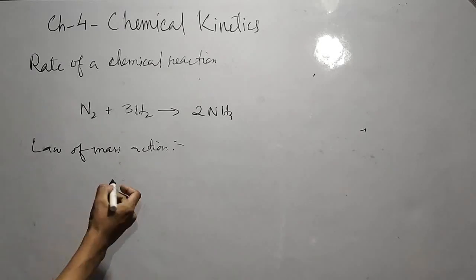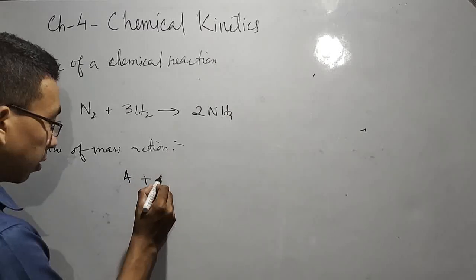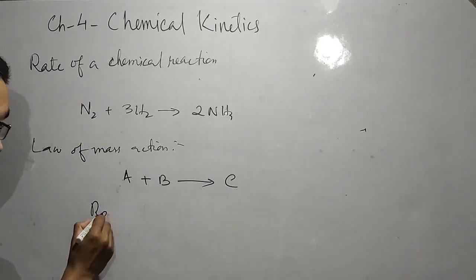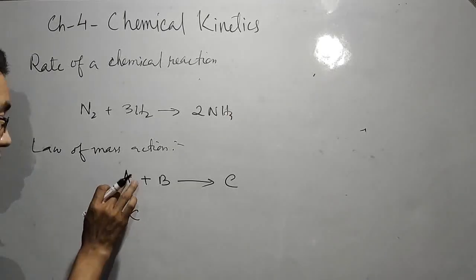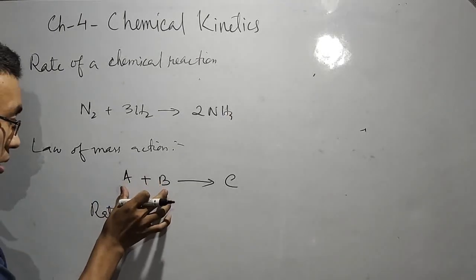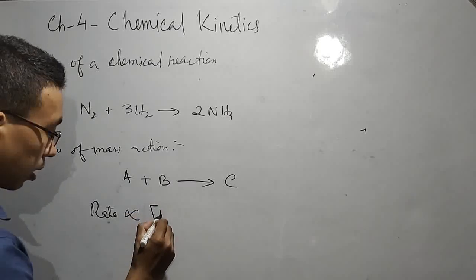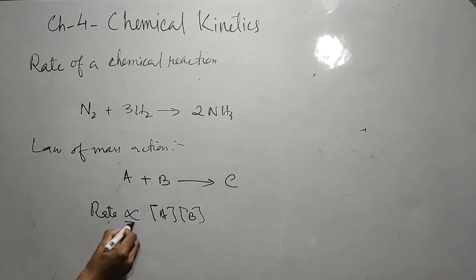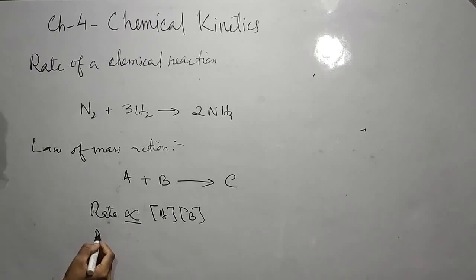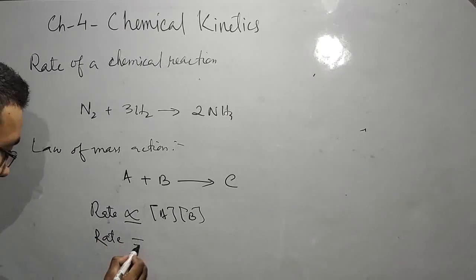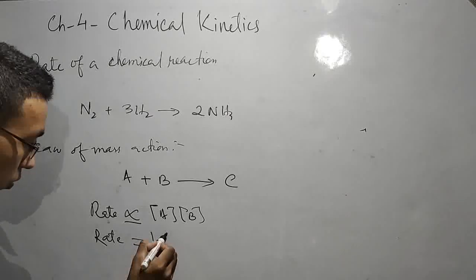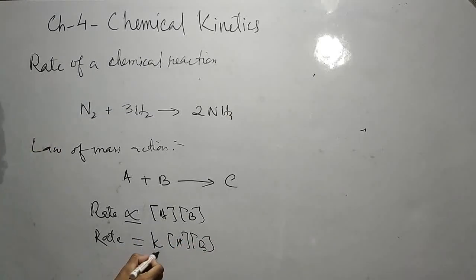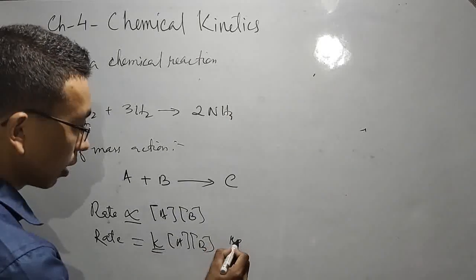Suppose A and B react to give C, then the rate is directly proportional to the product of the molar concentrations of the reactants, so it will be [A][B]. Now we replace the proportionality symbol by a proportionality constant k, so rate = k[A][B]. This k is called the rate constant.